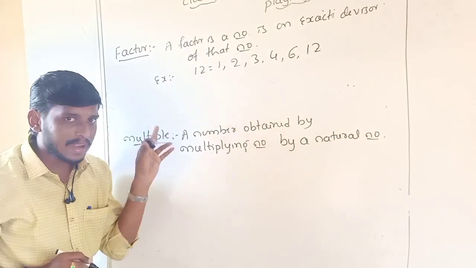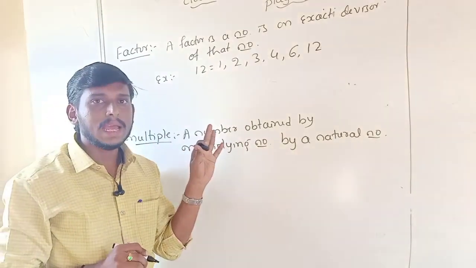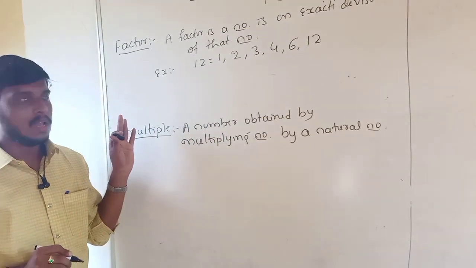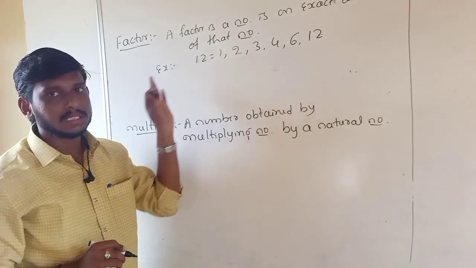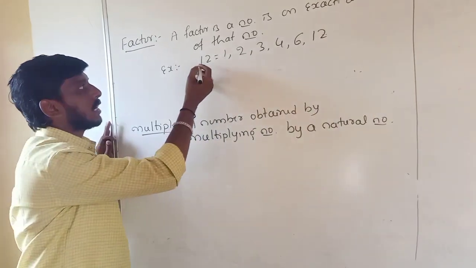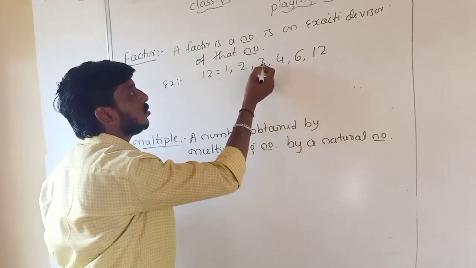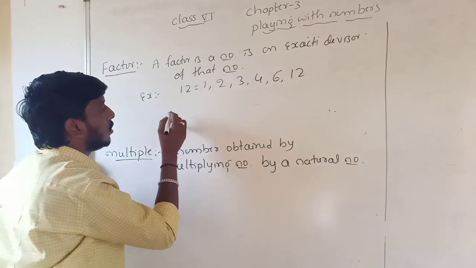To perfect this concept you need to know at least 20 tables. If you have perfected the tables, it's a very easy concept. So factors of 12 are 1, 2, 3, 4, 6, 12.